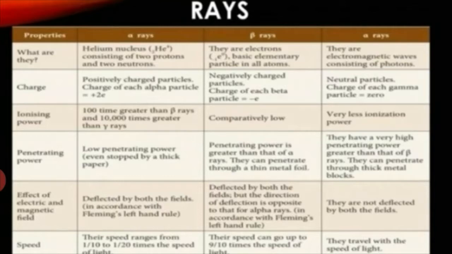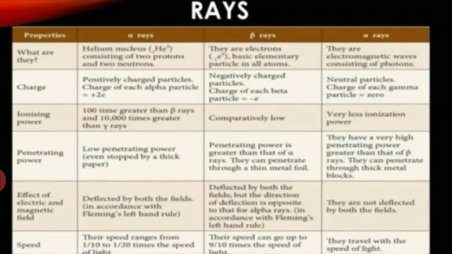Beta rays are deflected by both the fields, but the direction of deflection is opposite to that for alpha rays, in accordance with Fleming's left hand rule. Next, gamma rays are not deflected by either field.